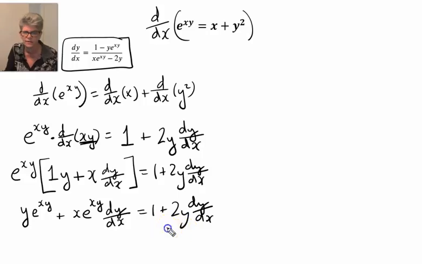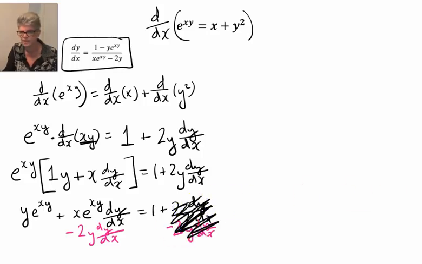So over here, I'm going to subtract that from both sides because I want to get it over to the left-hand side. So they cancel over here. And this term does not have a dy dx in it, so I'm going to send it over to the other side by doing that.